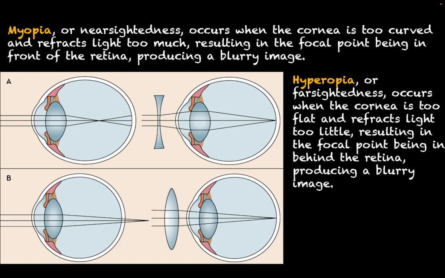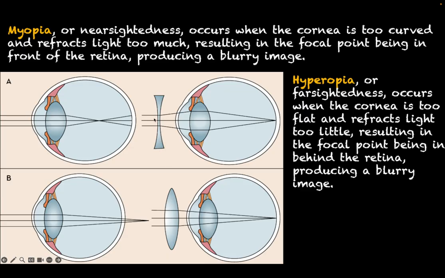So the way that you fix this is with corrective lenses or contact lenses. So if someone wears glasses, you will either use a concave lens with nearsightedness or a convex lens with farsightedness.